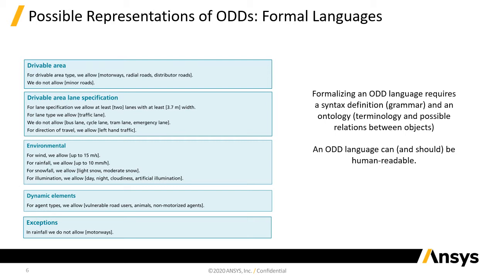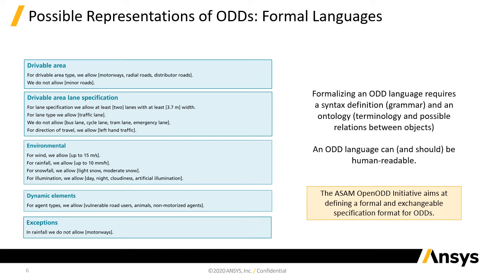For example, a road has a number of lanes, and lanes have attributes like lane width. And it's important, because this is edited and read by humans, that the ODD language is interpretable both for computers but also for humans. The ASAM OpenODD initiative aims at defining a formal and exchangeable specification format for ODDs.